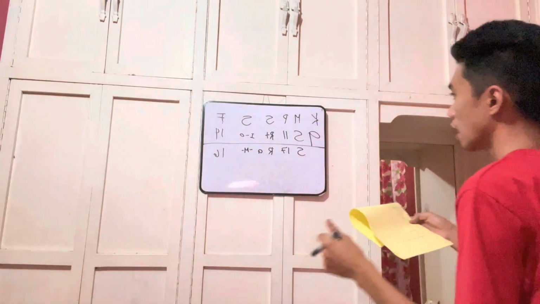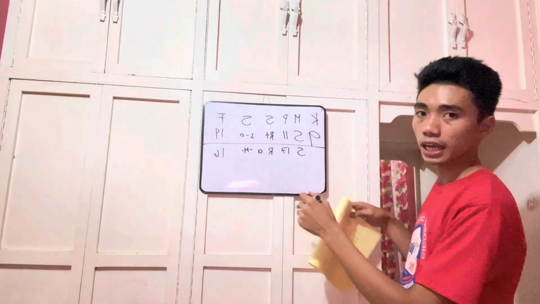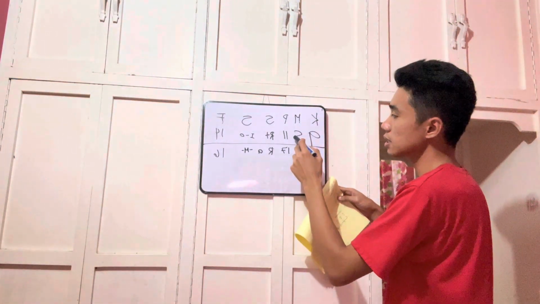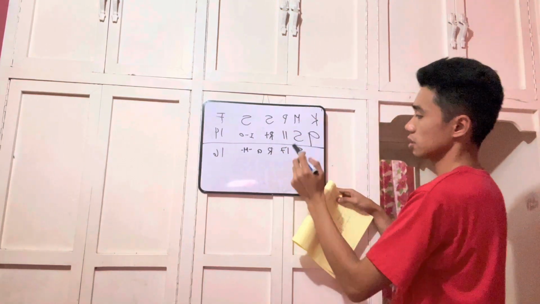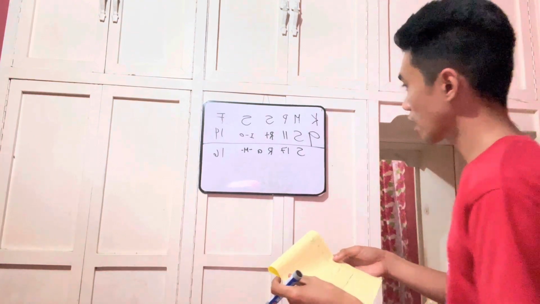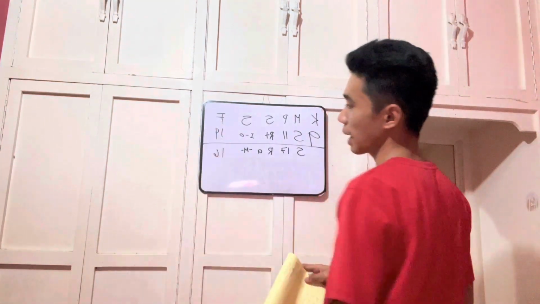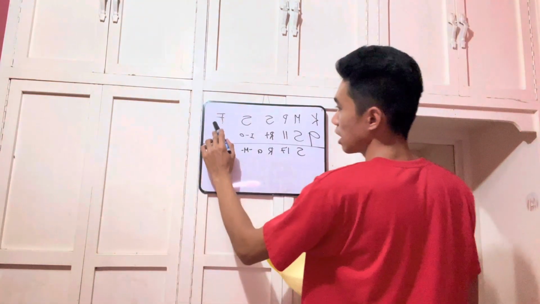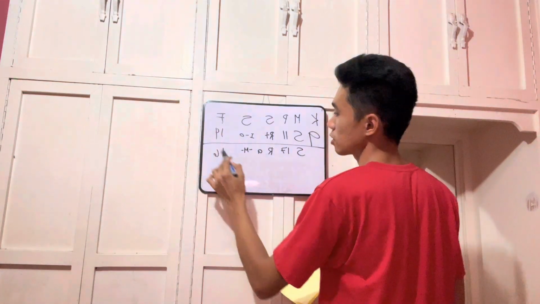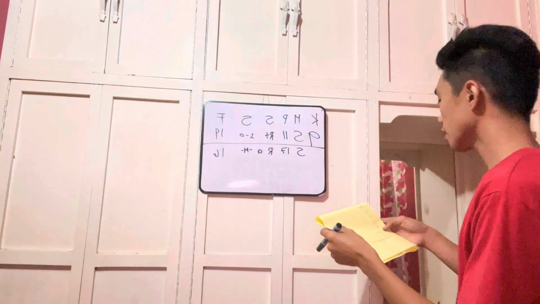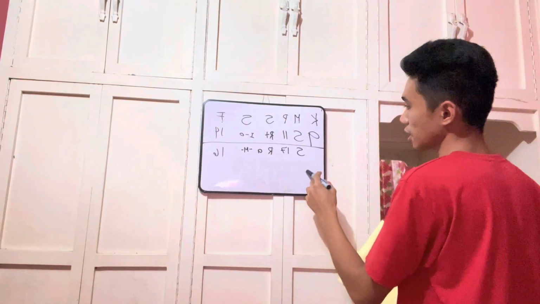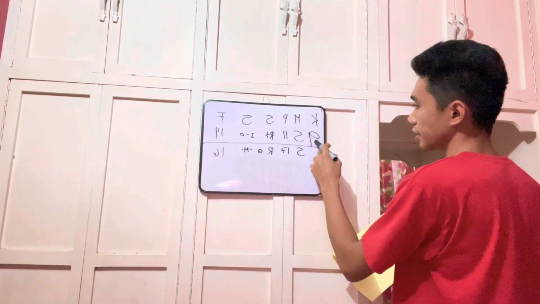So sa major natin, ang nakuha natin is S over S or small. So sa final naman, yung nakuha natin sa final division is 14 over 16. Then sa K division, ang nakuha natin is 9.